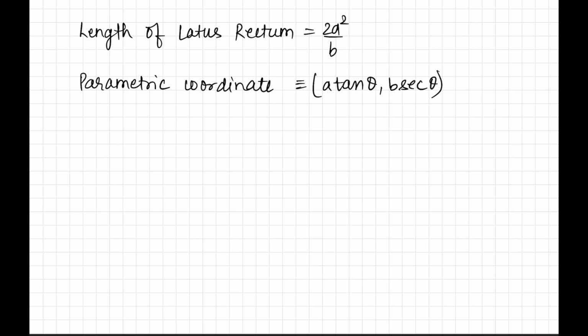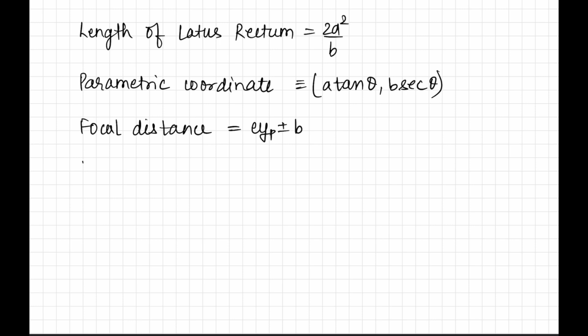And next is the focal distance, and that is equal to e y1 plus or minus b, or let me write e y_P plus or minus b, where P denotes the point whose focal distance we want to find.